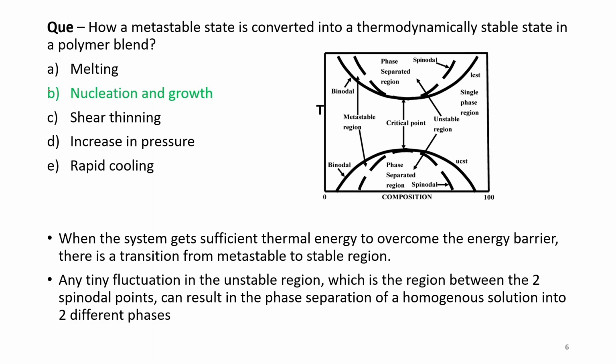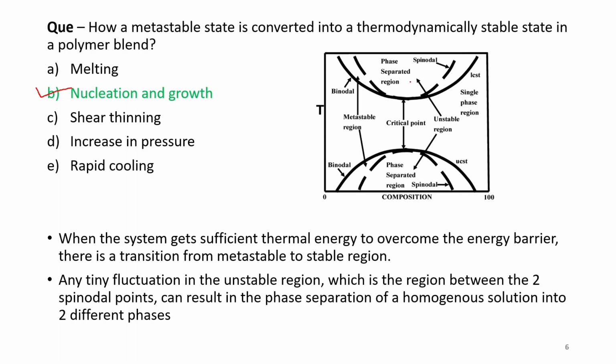In the metastable state there will be nucleation and growth, and because of that there will be formation of crystals, and when the crystals become large enough, or the system gets sufficient thermal energy, it can overcome that energy barrier. So the system will now move from the metastable state to the stable state. The process which is leading is nucleation and growth.